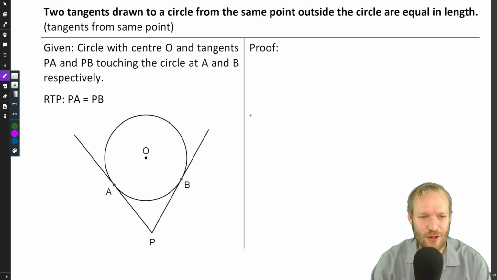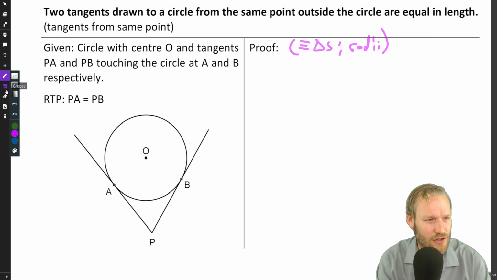In all the other ones, we've drawn radii, and in the first one, we ended up with triangles that were the same, they were congruent. So let's follow the same line. The way we're going to do it is congruent triangles again, and we're also going to construct radii. Let's draw it nice and neatly here.